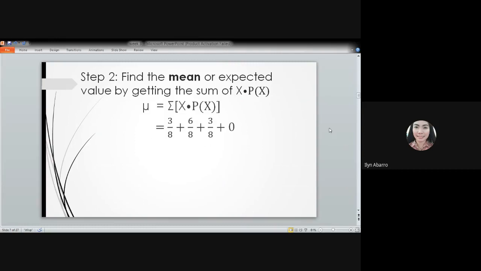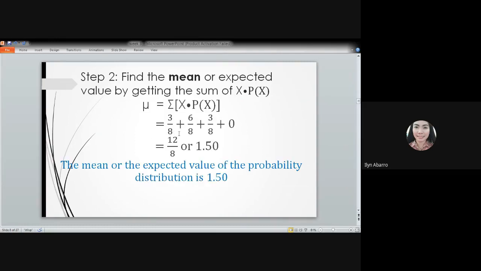And our answer, if you're going to add that, is 12 over 8. Since these are similar fractions, just copy the denominator and then add the numerators. So, 3 plus 6 plus 3 is 12. And then copy 8. Or if you're going to simplify this, your answer is 1.50 or 1 and 1/2. Okay? The mean. So, our answer, the mean or the expected value of the probability distribution, is 1.5.